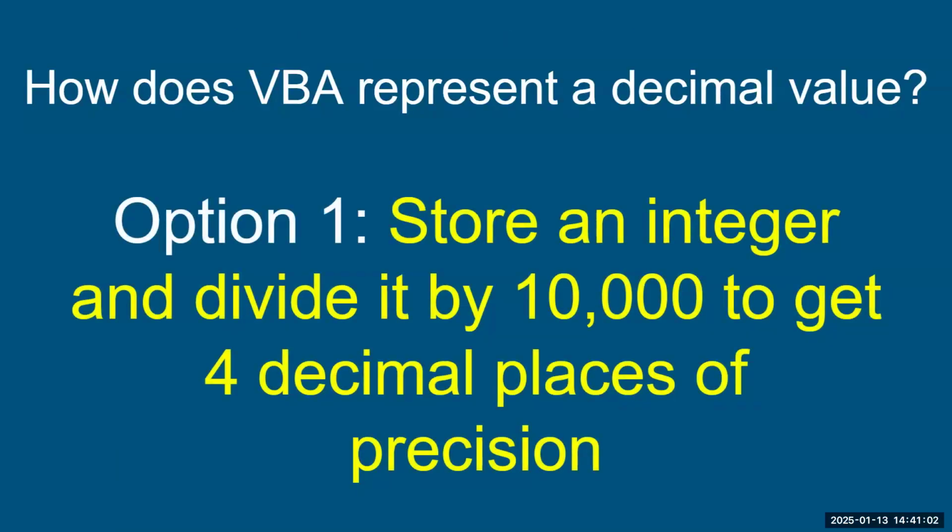And let's do another one. What about decimal values? So far we've only done integer values. How does Excel, or how does a variable get stored as a decimal? Well, there's 2 different options. One option is you store an integer and then divide it by 10,000 to get 4 decimal places.